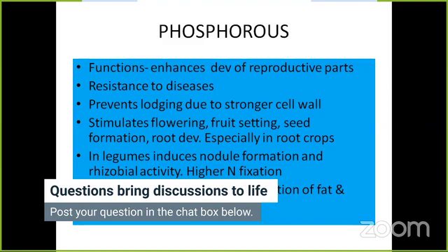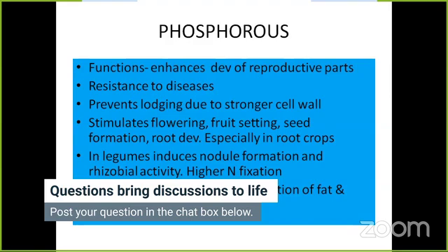If proper phosphorus is not there, then leaves will easily get affected by fungus or bacteria. It prevents lodging due to stronger cell wall, and gives strength to the stem. Lodging is the plant becoming lean and lanky and falling down. It cannot stand erect.